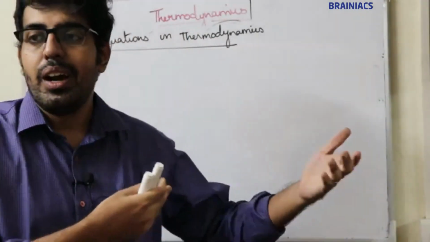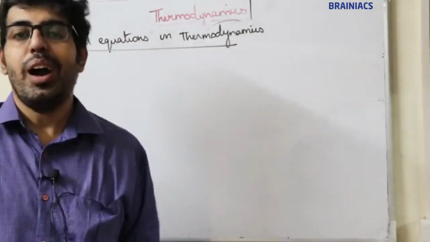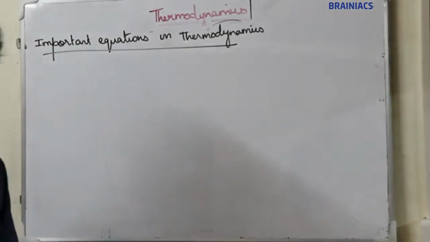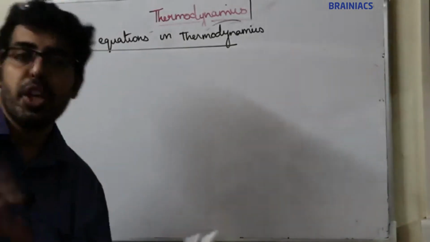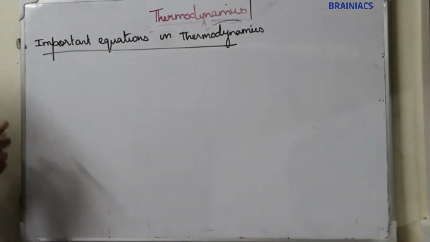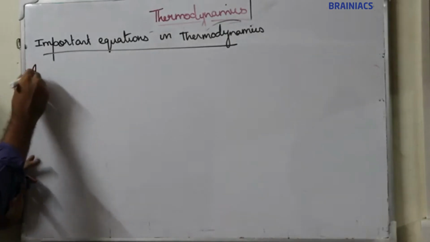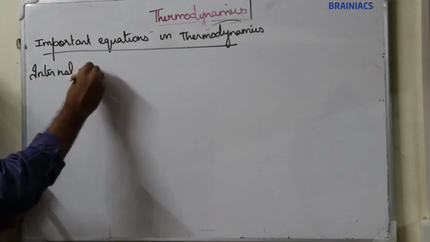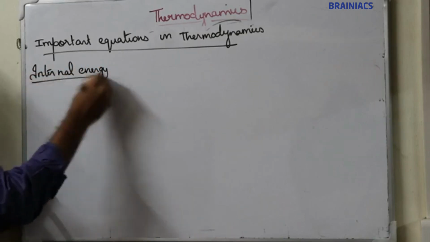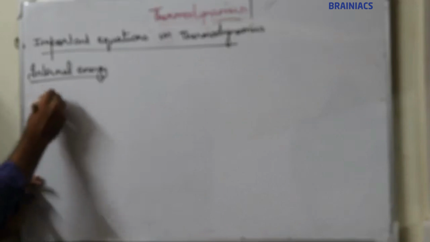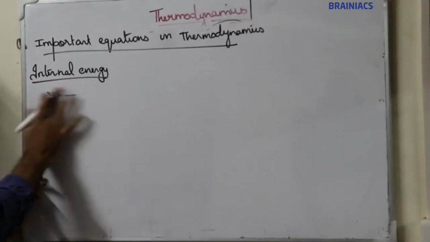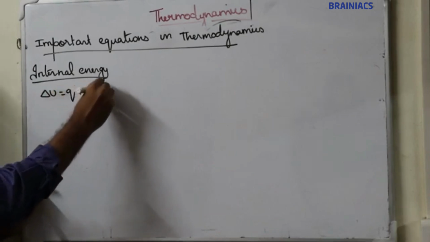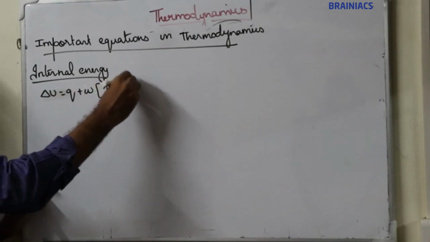For the last few hours you have seen so many equations in thermodynamics. So we are going to study once more all the equations in thermodynamics. Equation to calculate internal energy. Delta U is equal to Q plus W. This equation is known as the equation for first law of thermodynamics.